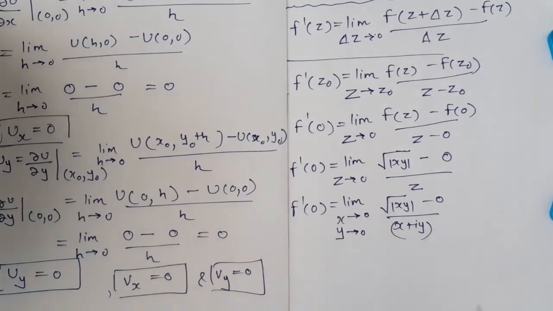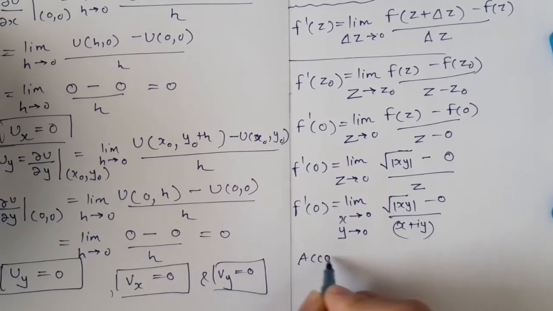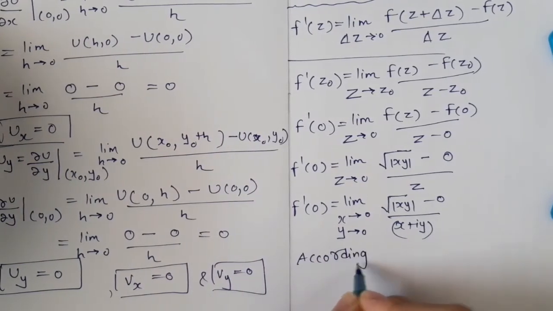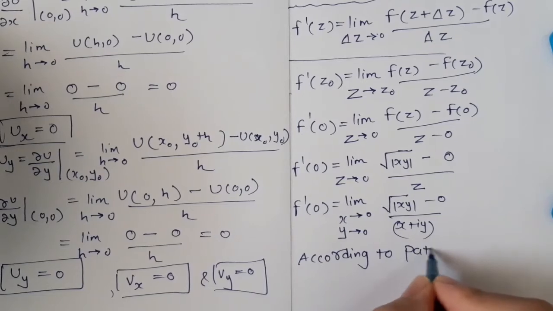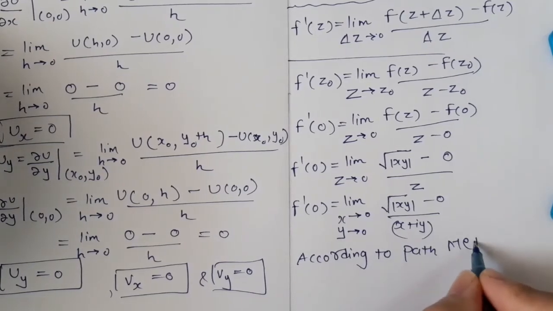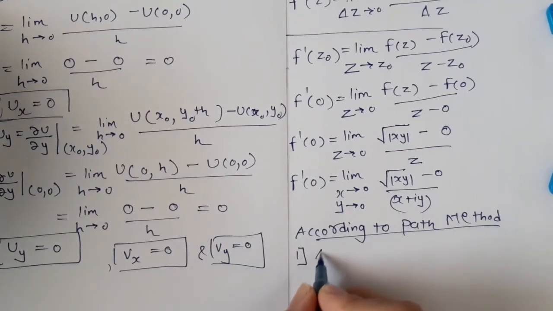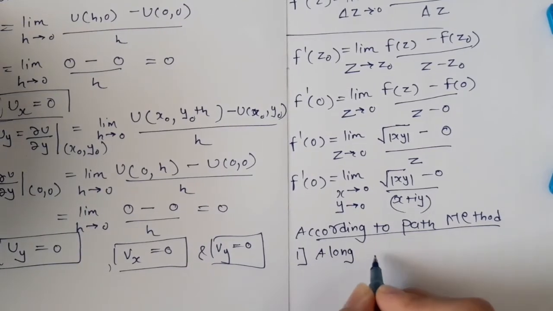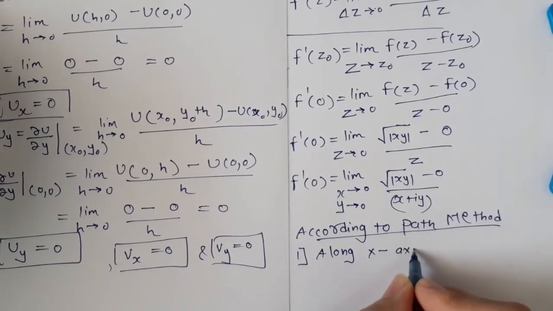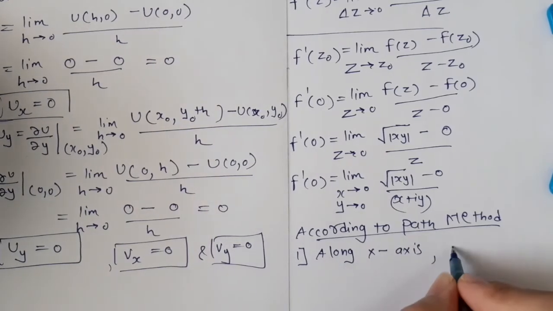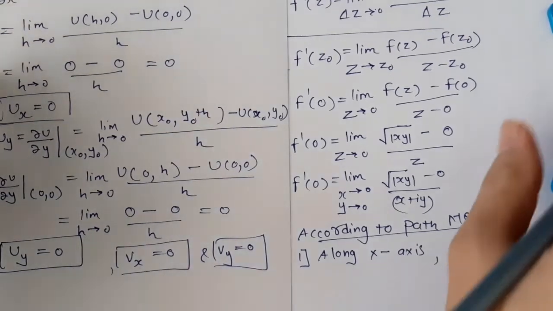Okay, so now we will use the path method. According to path method, first we will check along the x-axis. Now along x-axis y is 0.